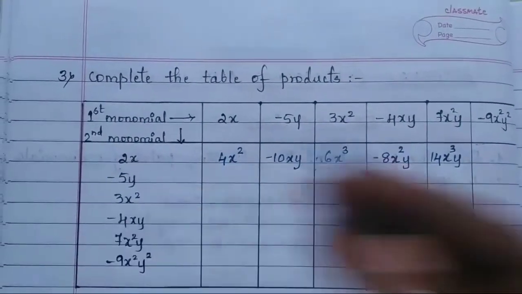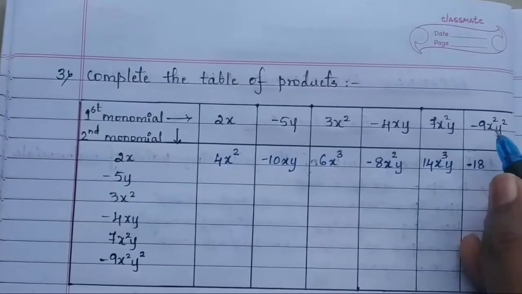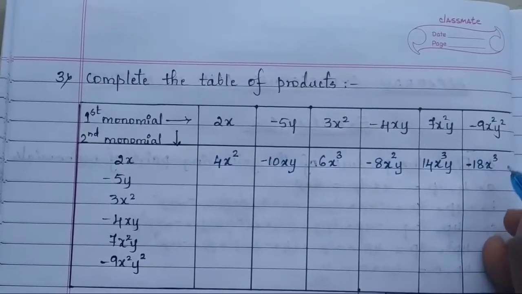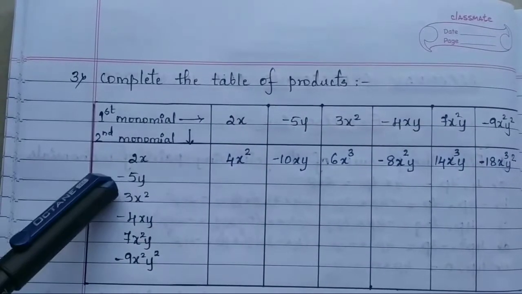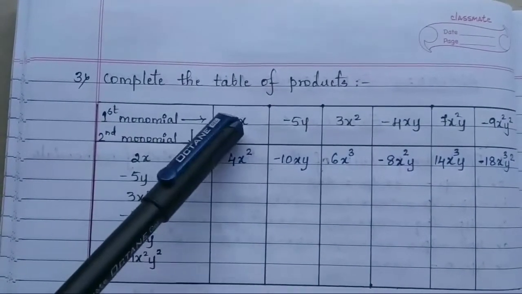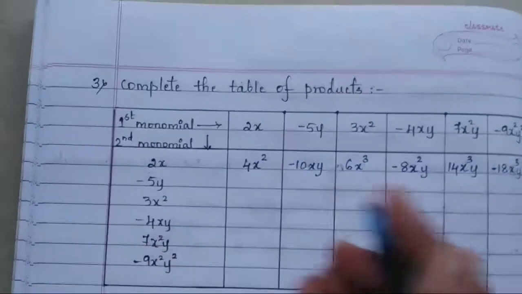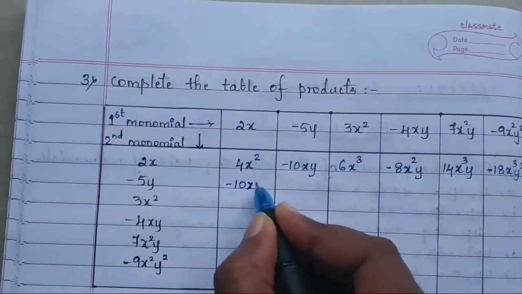Minus 9 into 2 is 9 2s are 18 and minus will be as it is. X square into x will become x cube and y square will be as it is. Okay. Next, moving on to the next part. 2x and minus 5y is given. 2 into minus 5 is minus 10 and x into y will become xy.